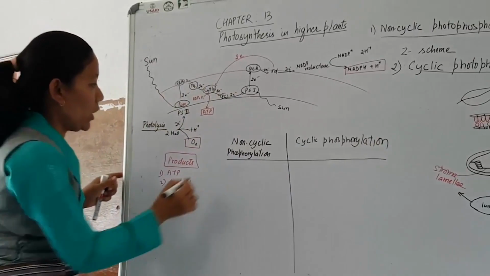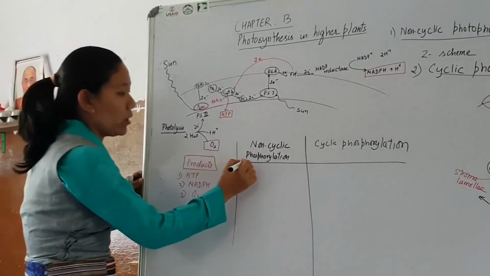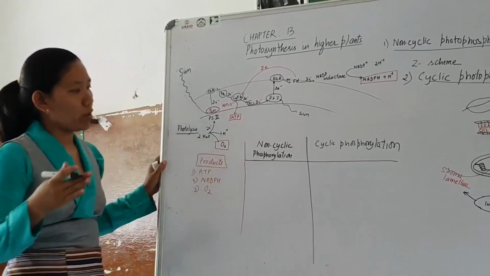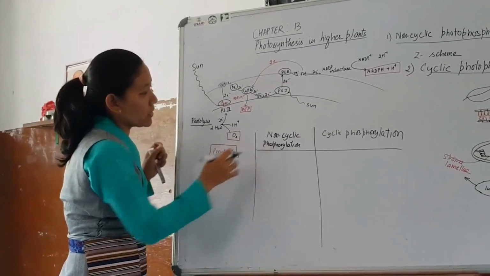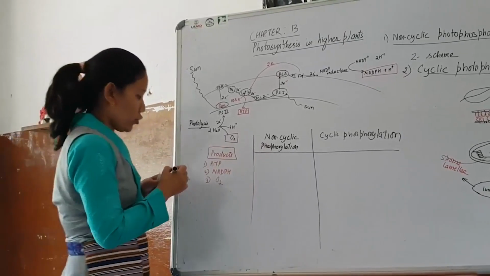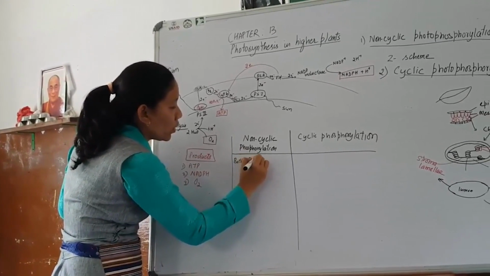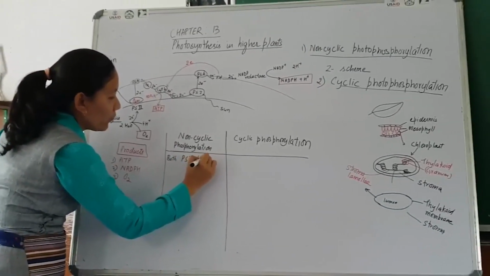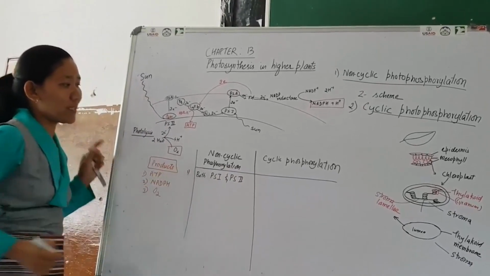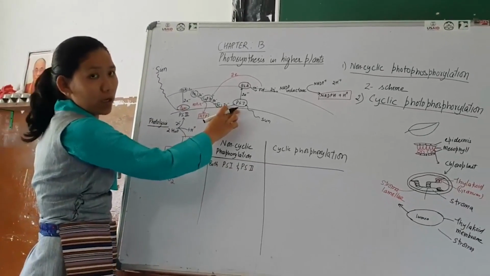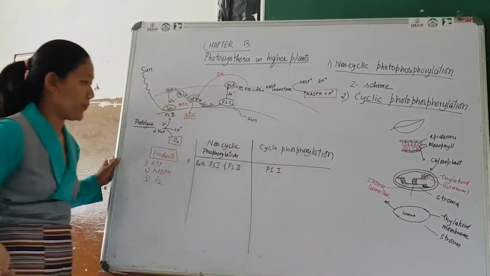If you compare these two, we can compare them on the basis of various criteria. For example, in the case of non-cyclic photophosphorylation, both photosystem 1 and photosystem 2 are involved. In the case of cyclic, only photosystem 1 is involved.